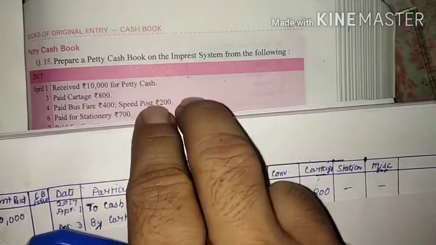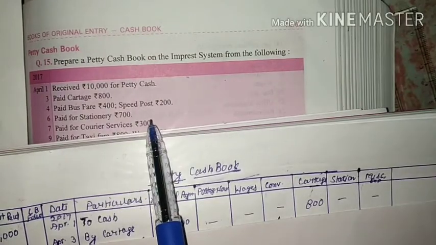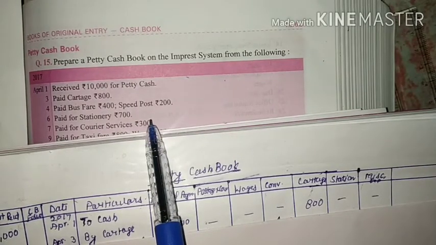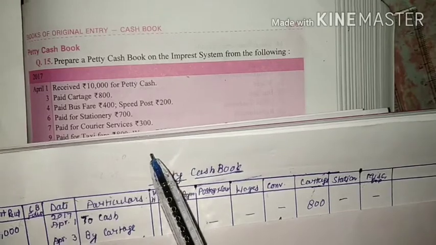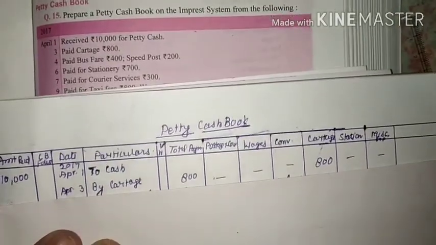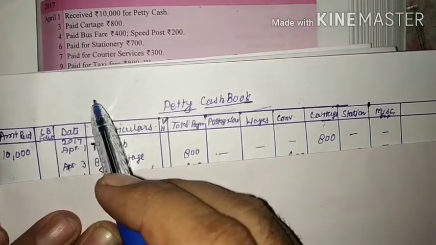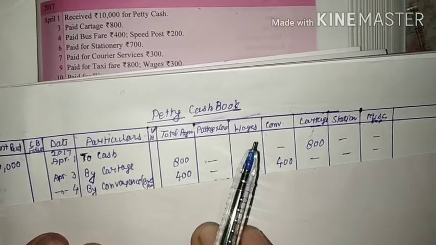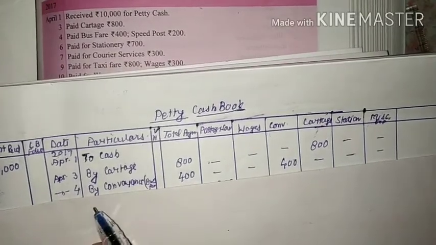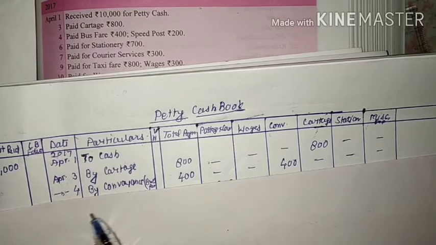Then the next one is paid bus fare 400 and speed post 200. So here on April 4th we'll show By Bus Fare, or By Conveyance.